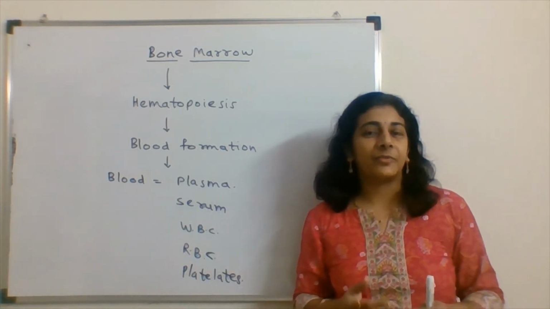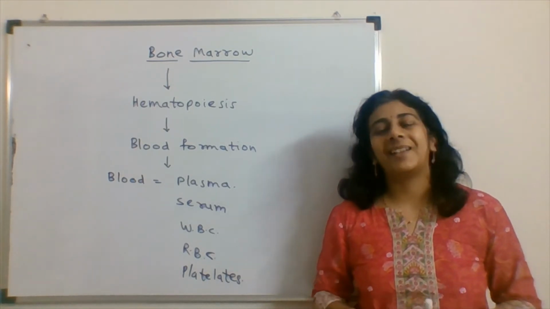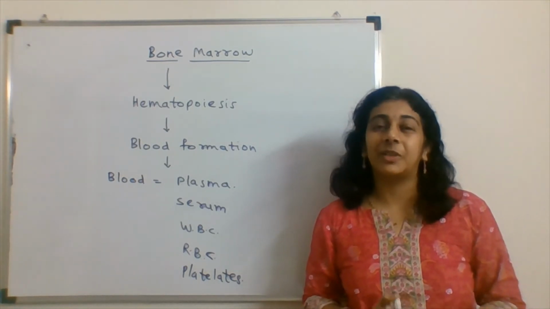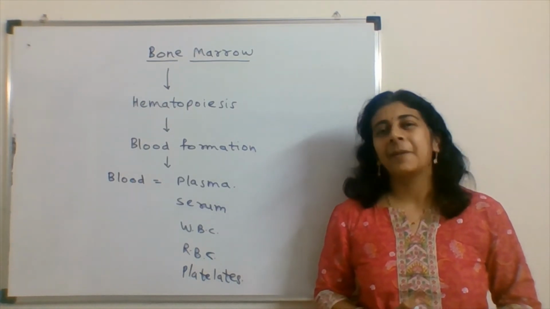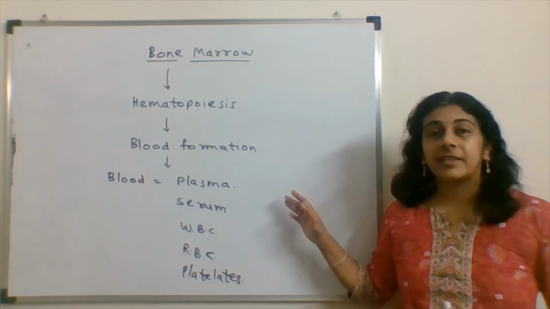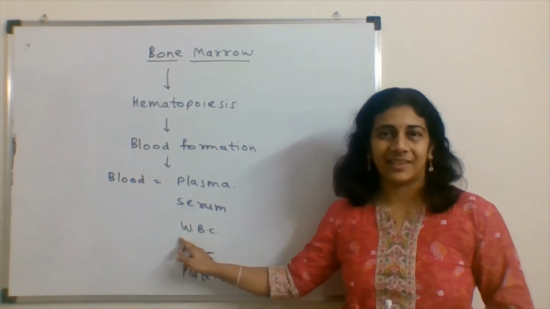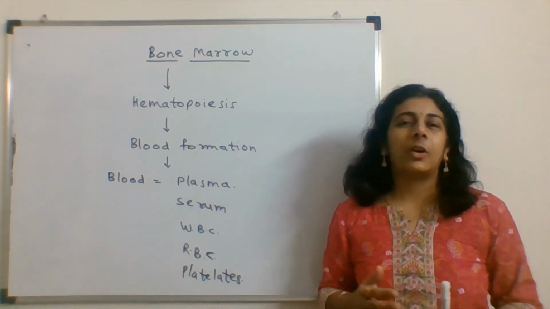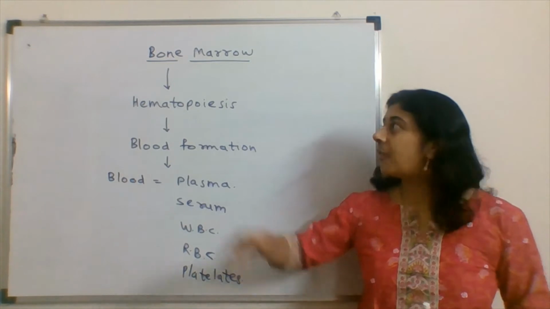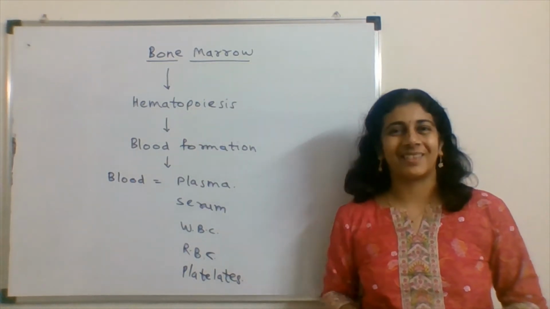RBCs are there for carrying oxygen, and platelets are for blood clotting. Now when we study the immune system, we study about WBCs, white blood cells. All white blood cells are formed in the bone marrow through the process of hematopoiesis.